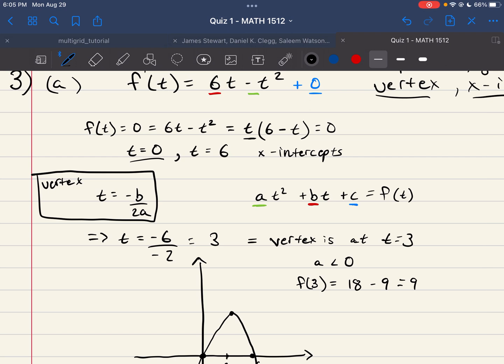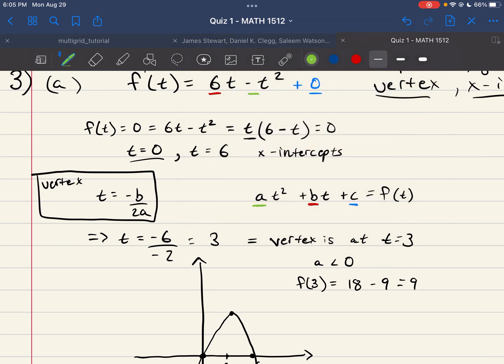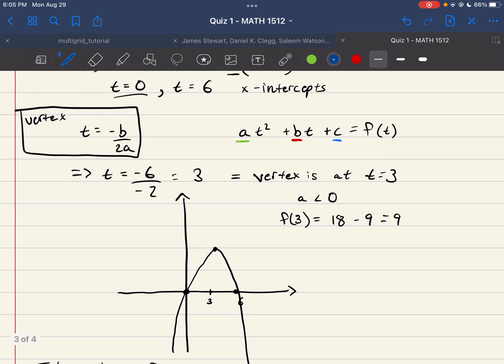If we look back at the f of t we're given and align those coefficients, our a is going to be the coefficient of t squared, so that's negative 1. Our b is 6, and our c is 0. If we plug in 6 for b and negative 1 for a, we see that our vertex has got to be 3. And this should make sense because our vertex is going to be right between those two intercepts.